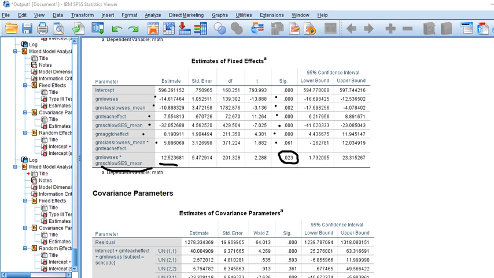So basically, the relationship between low SES and math achievement, the negative relationship, became more negative in schools with a higher proportion of low SES students, and the slope for that negative relationship actually weakens, and it's essentially less strong in schools with a lower proportion of low SES students.